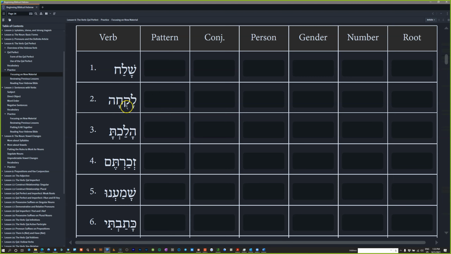So I call this the R2 vowel. By reducing the R2 vowel from patach to shava, you kind of compensate for the fact that you've added this full vowel over here, because remember, the shava is kind of like a half vowel. It's not really a full vowel. So that's one way it does it.